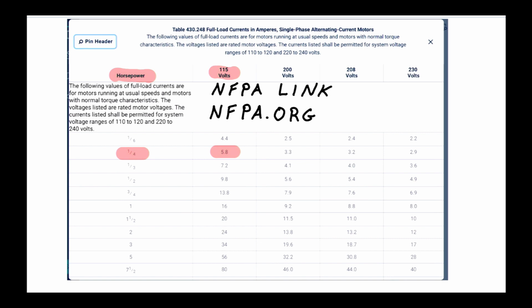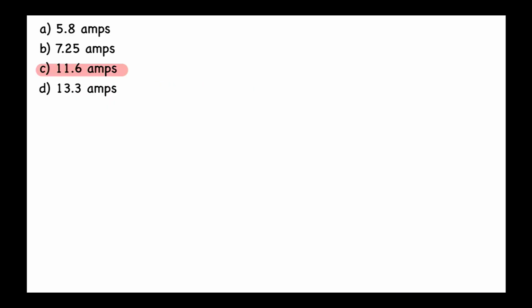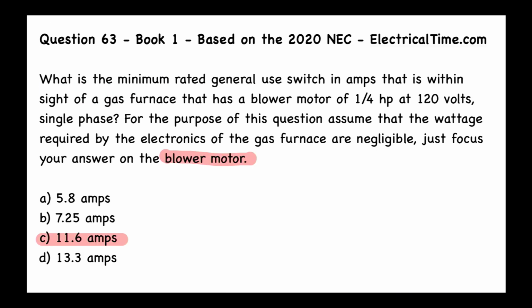But you might be saying, Steve, that question said that it wasn't 115 volts, it's 120 volts. I know. I'm just as confused as you are on this, but that's just the way the code book has it. You can ask your electrical inspector or instructor why the code book has not recognized 120 volts.